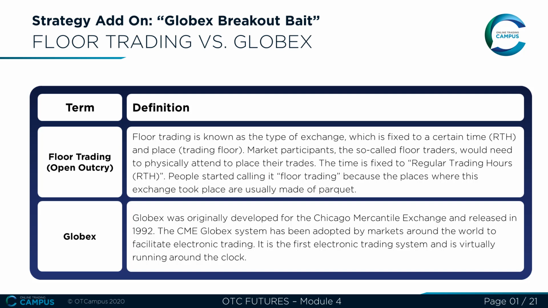Originally, the floor traders, so the members of the exchange, would not allow the GLOBEX electronic platform to trade while the trading pits were open. By allowing this, they would not get all of the orders coming to the exchange, which is how they made their money, by being a market maker for all the incoming orders. This would then create two different trading sessions, open outcry and electronic trading.